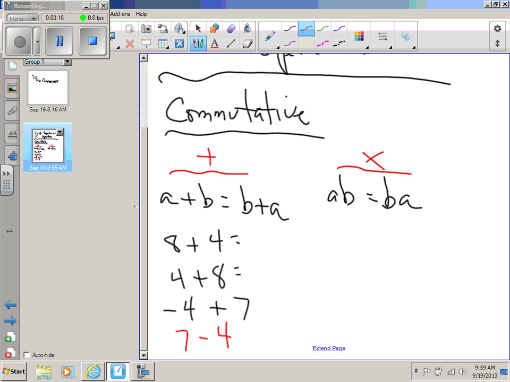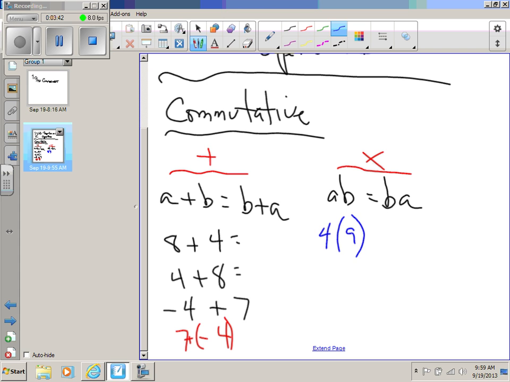You're right, essentially, 7 plus a negative 4, but essentially it'd be a 7 minus 4. So the tricky part there is where we say it's the commutative property of addition, and we end up subtracting through it all. But that's kind of what the nature of it is anyway when we start to work with integers and positives and negatives. Multiplication, same kind of deal.